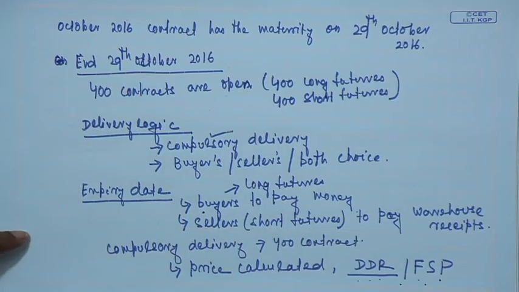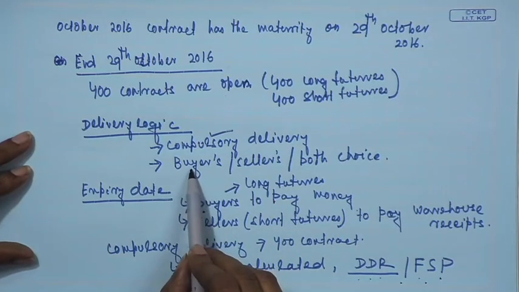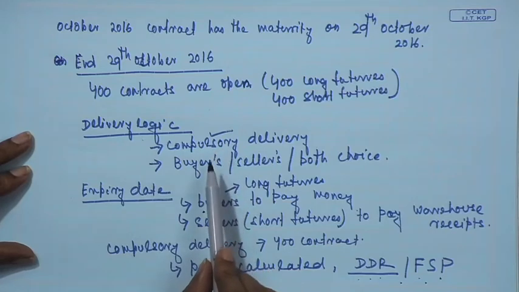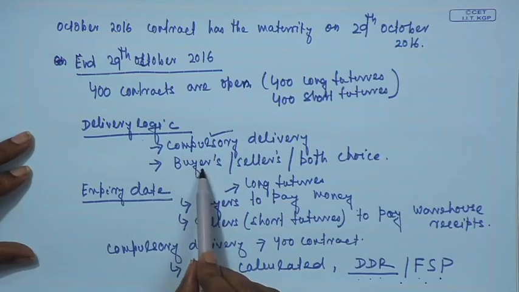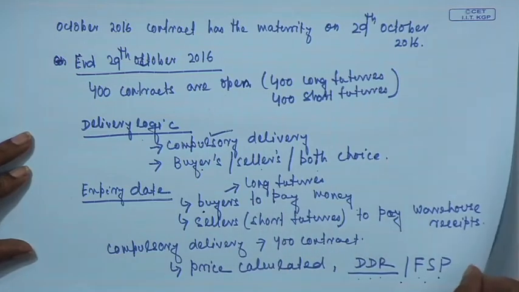Now, let us understand a little bit about what will happen if the delivery logic is not compulsory delivery. It could be buyer's choice or seller's choice or both choice. Let us see what will happen if the delivery logic is buyer's choice.